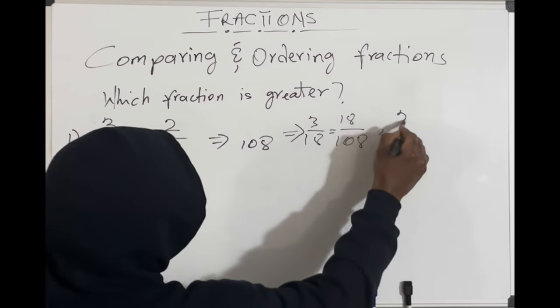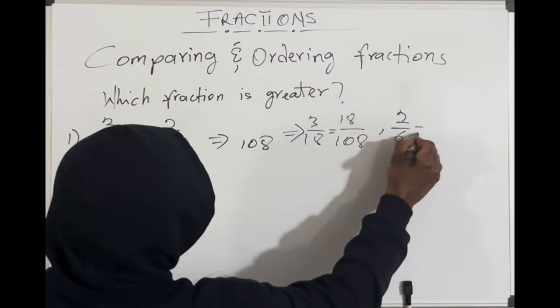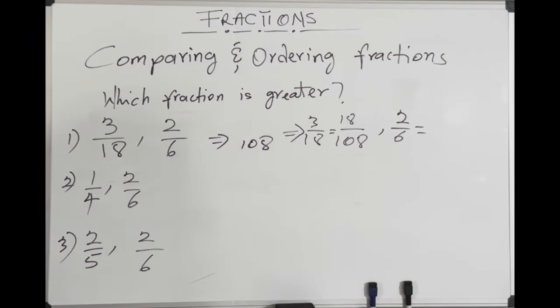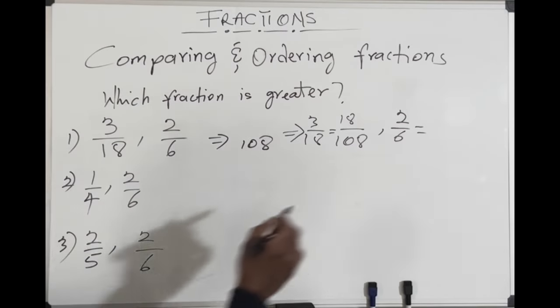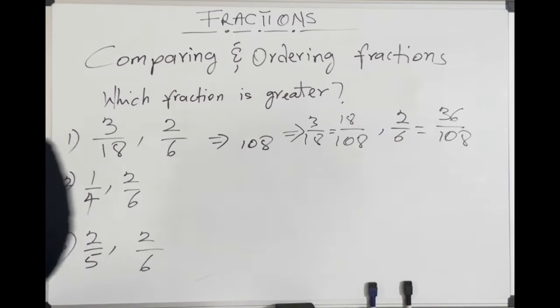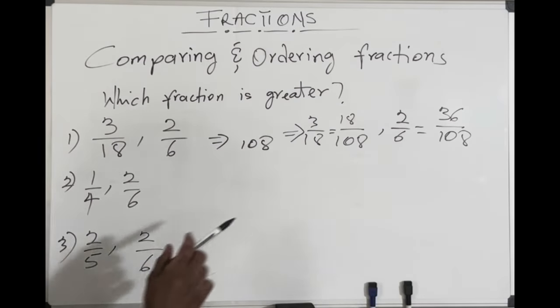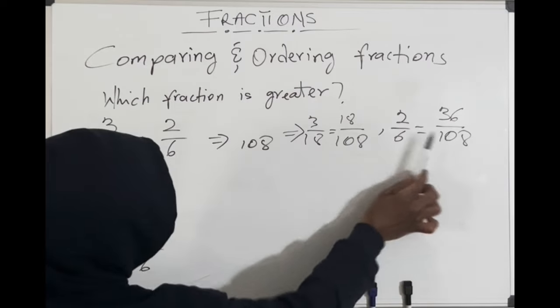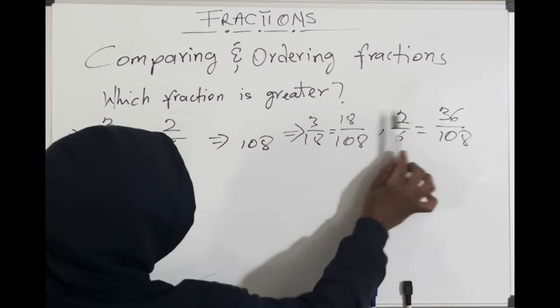And then the next one is what? 2 over 6. So one number multiplied by the 6 will give us 108. It's 18, and then we use the 18 to multiply the 2, which gives us 36. So 36 over 108. Okay, now the same denominators but different numerators.